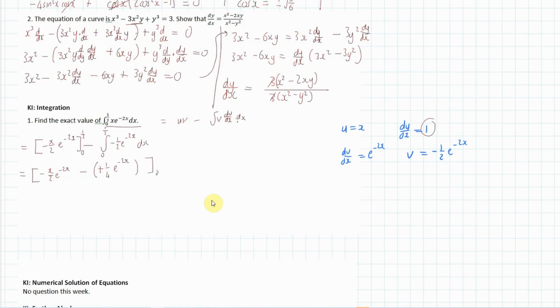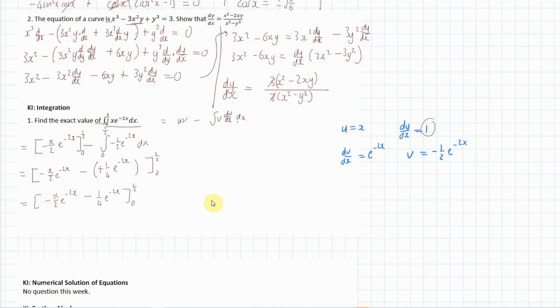And then I'll put the limits on the outside. So I guess next line, x over 2 e to the negative 2x minus 1/4 e to the negative 2x, plus, oh, we don't need plus c, and then we just put our limits in, 0 to 1/2.